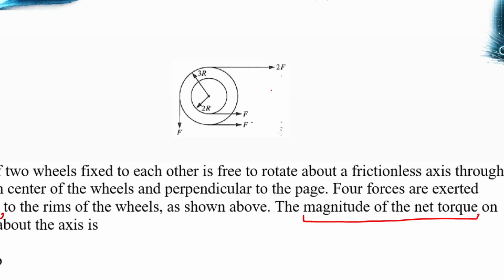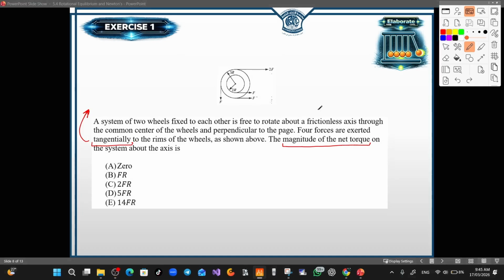We have four forces acting on the wheel, and the net torque, tau net, equals tau 1 plus tau 2 plus tau 3 plus tau 4. Remember, tau is given by plus or minus force times distance times cosine of the angle. The plus or minus is determined by the rotational effect of the force.